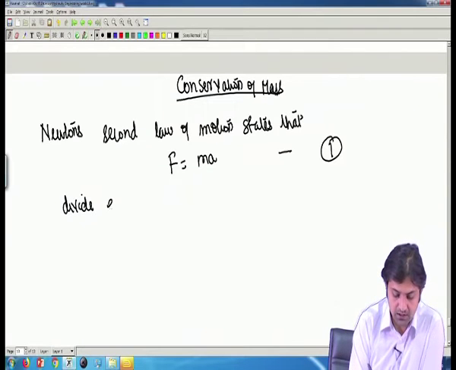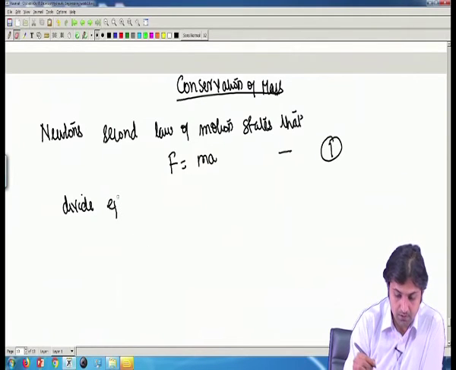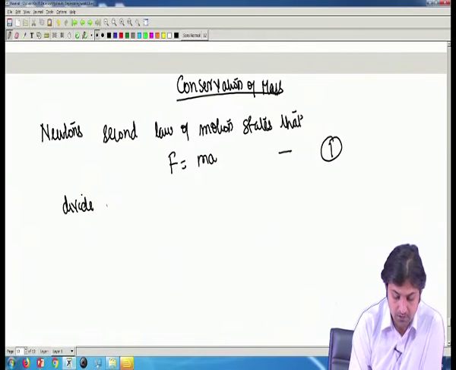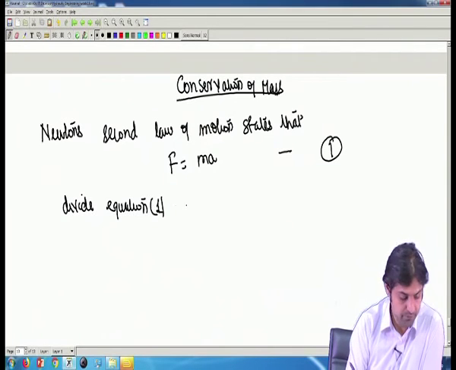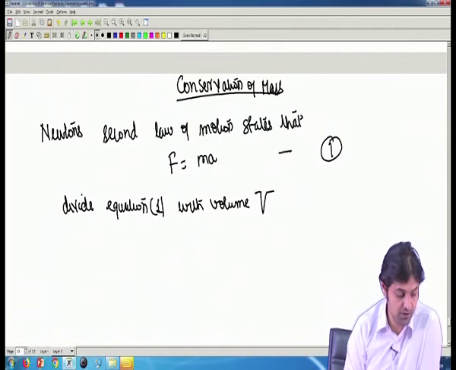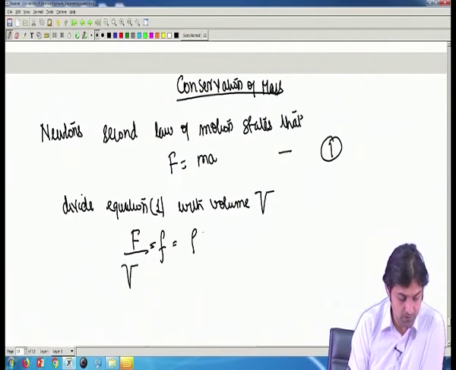So if we divide equation number 1 with volume. So volume in this module we are denoting by V. So this becomes F by V is equal to small f is rho dV dt, correct.